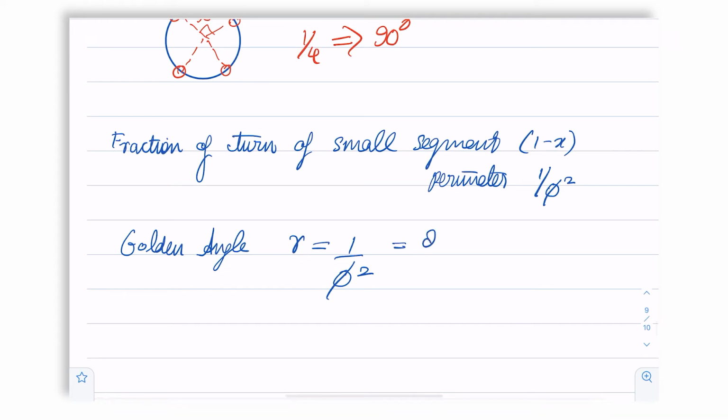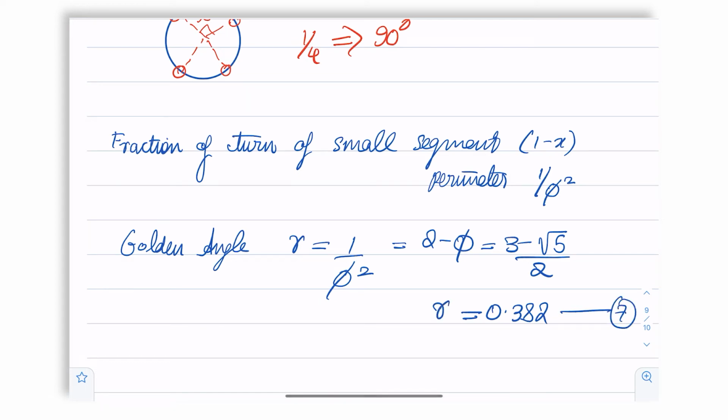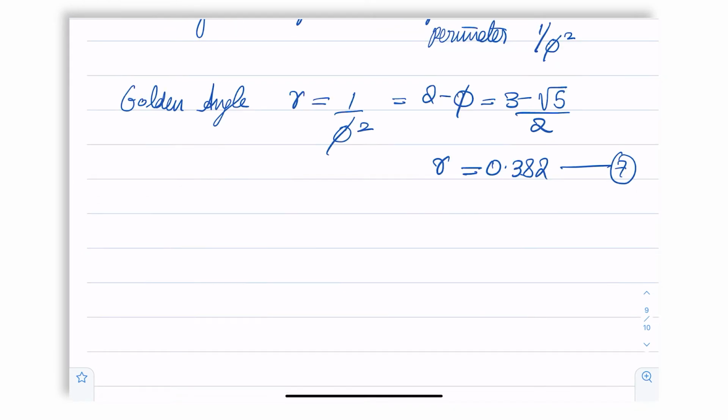is equal to 2 minus phi, is equal to 3 minus root 5 by 2 and is 0.38. This is in radians units.